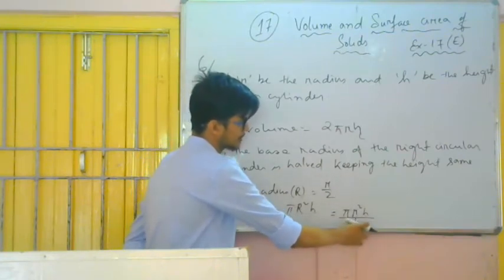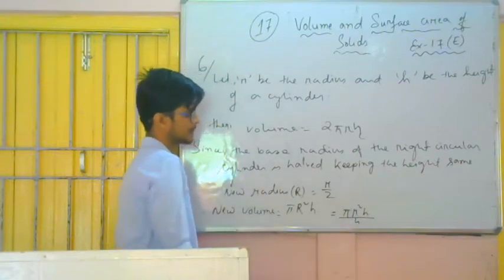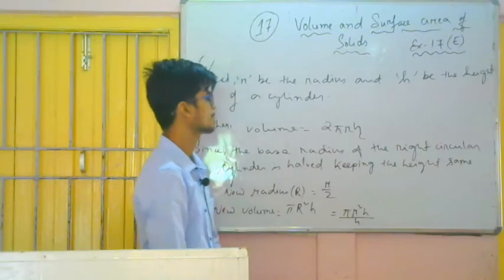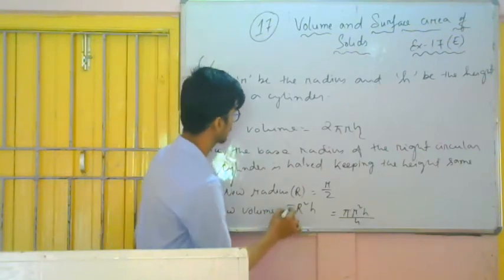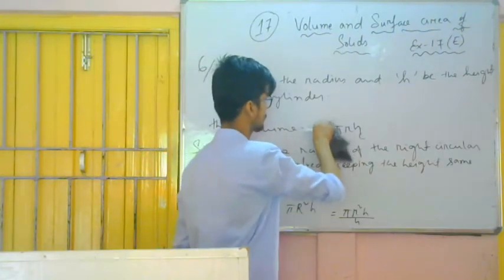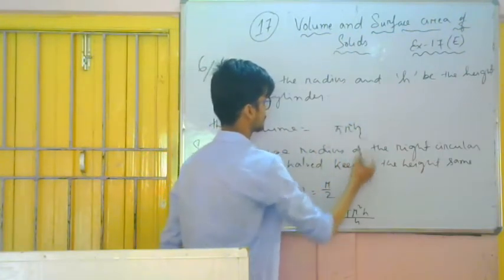So r square I have written here, 4 I have written here, directly I have done, and height is H. So pi r square H by 4, sorry, volume 2 is not there, sorry, pi R square H.